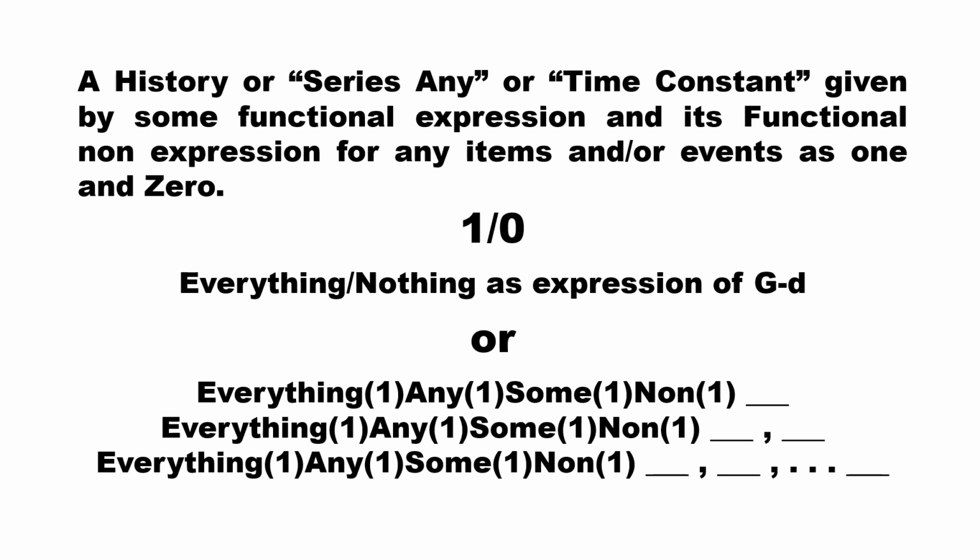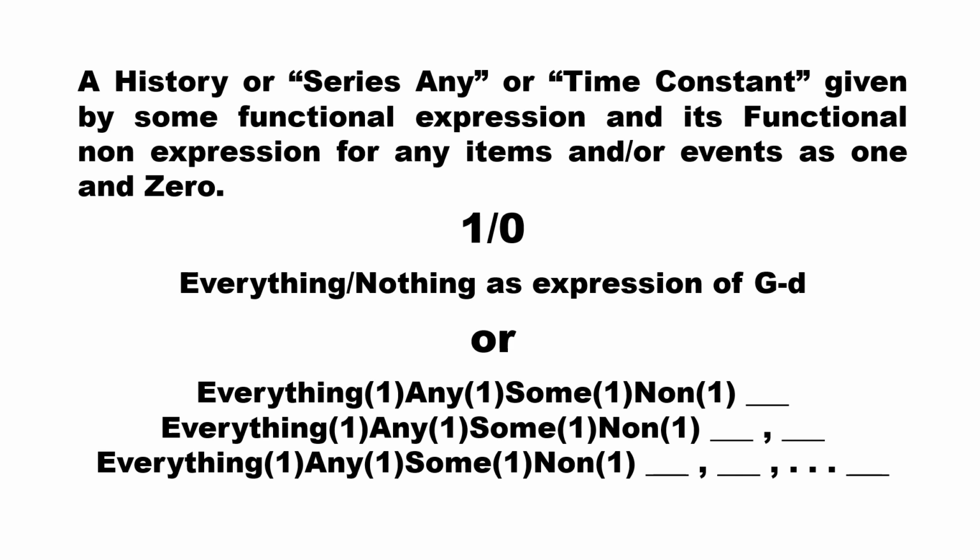And here's an additional interpretation of the history concept for any depicted items and or events or object and or objects. It's more utilizing expression mathematics principles here. Expressing any object and or objects as some variation of expression and non-expression.